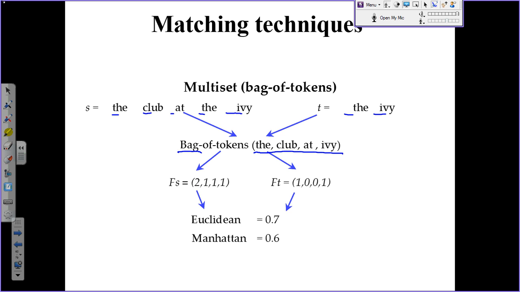So we have the 4 unique words: the, club, at, Ivy. The original string is then represented by a frequency vector: how many times these words appear in the phrase. Here the appears twice, club once, at once, Ivy once, and here the is once, Ivy once, others 0.